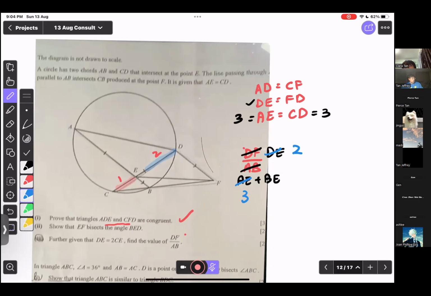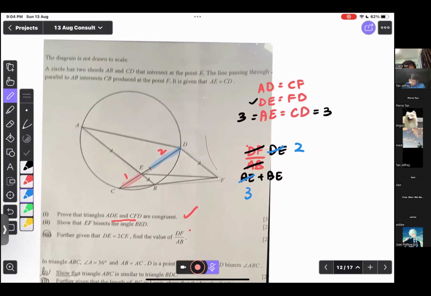I don't know where. So I go back to CE over CD. Where does BE come from?